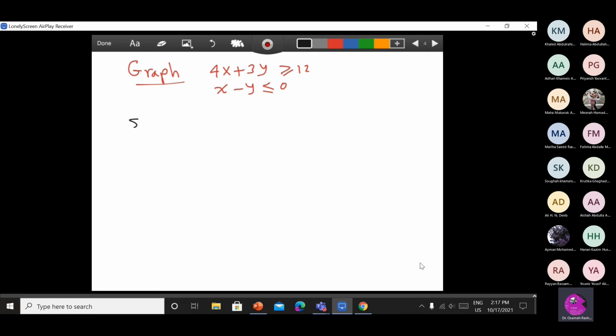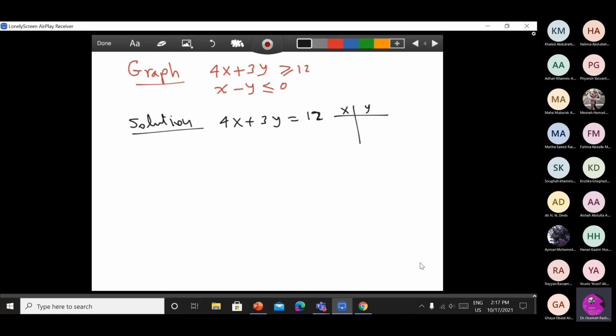To graph this, I have to write the equation corresponding to these two. I have 4x plus 3y equal to 12. I know this is a line equation. I need 2 points, x and y. The easy point to put is 0. So you have y equal to 4. And when you put y equal to 0, you have x equal to 3. That's enough for this one.